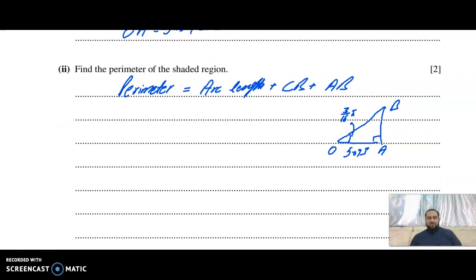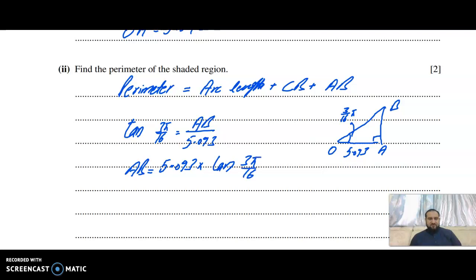So we're trying to find AB, which is tan of angle 3 pi by 16 is equal to opposite over adjacent. So AB is equal to 5.093 times tan of 3 pi by 16. If we use our calculator, AB will be equal to 3.4030.